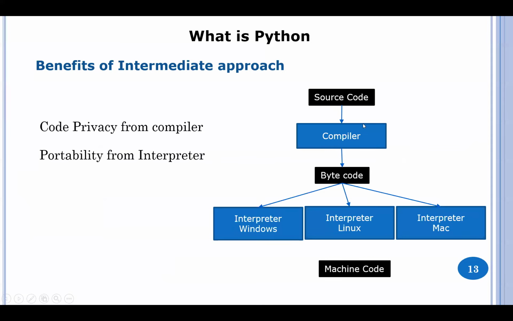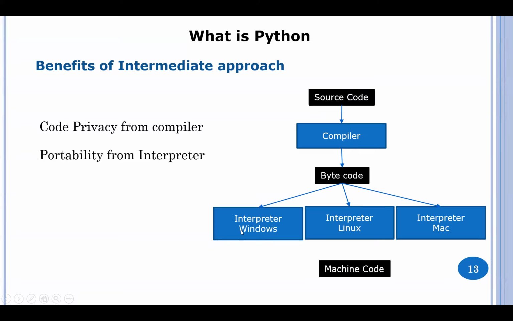This is just a pictorial representation of what the source code we have written, compiler, then we have intermediate language code. That intermediate language code will run on any machine, but the important condition is all these machines should require the interpreter.